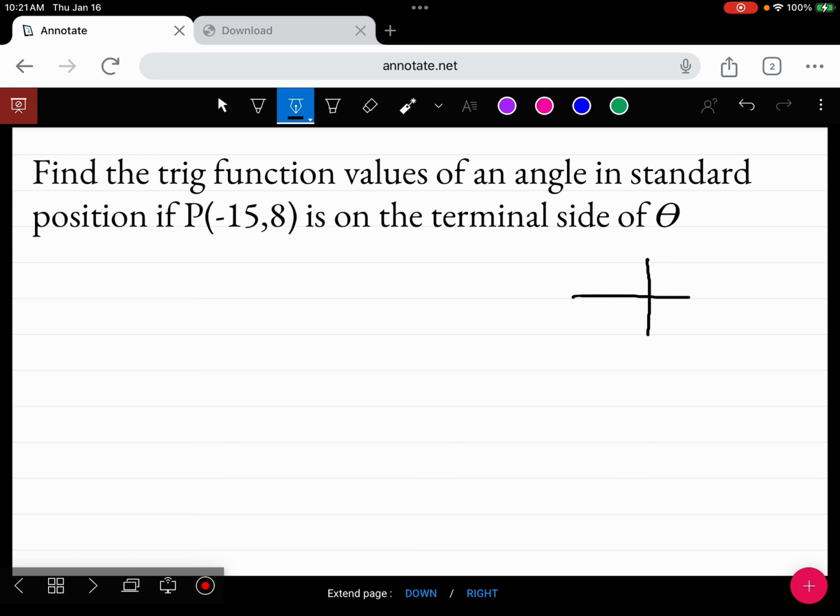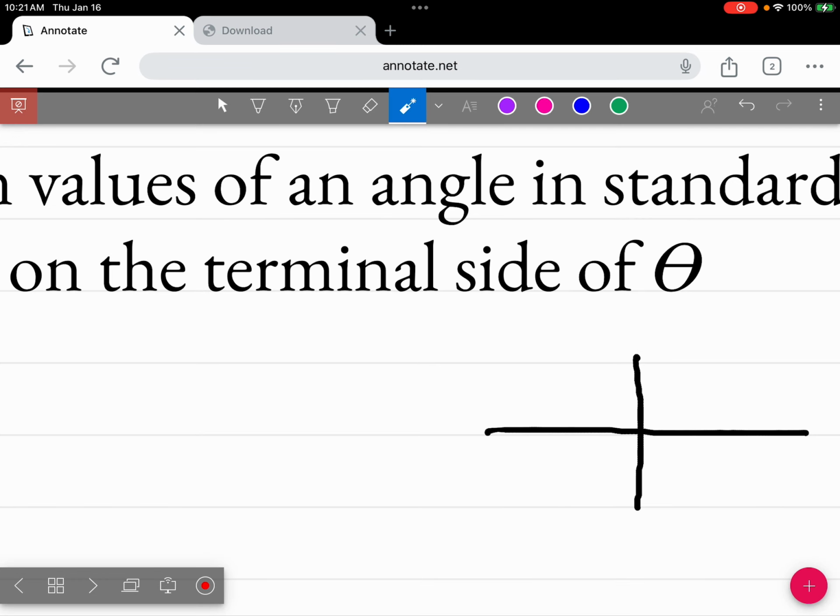What quadrant is this point in? Quadrant 2, because my x's are negative, my y's are positive. So we'd be at negative 15, positive 8, up over here.